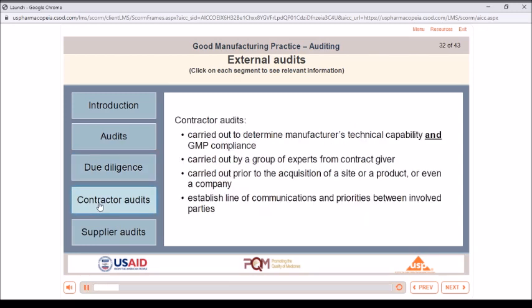Contractor audits. Contractor audits are carried out to determine the manufacturer's technical capability and GMP compliance, carried out by a group of experts from the contract giver, prior to the acquisition of a site or a product or even a company, to establish lines of communication and priorities between involved parties.